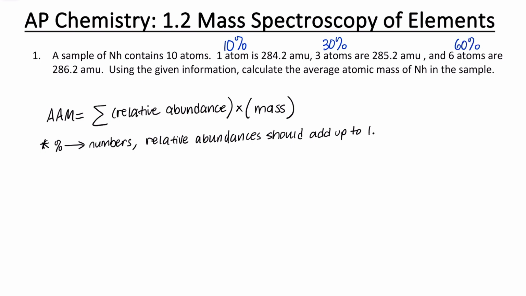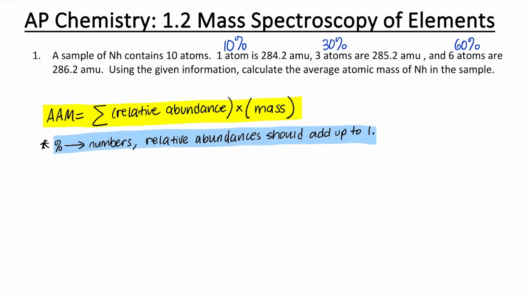Now we can plug the following information into our average atomic mass equation, which is the summation of all the relative abundances times mass. And also note that when we're given the percentages, we're going to have to convert them to numbers because all the relative abundances should add up to 1.